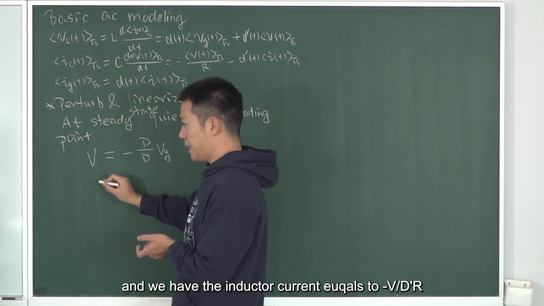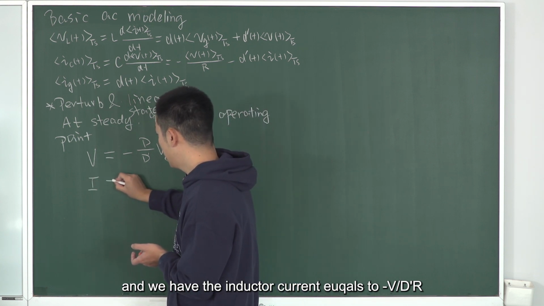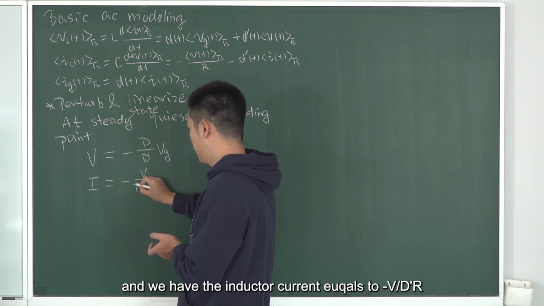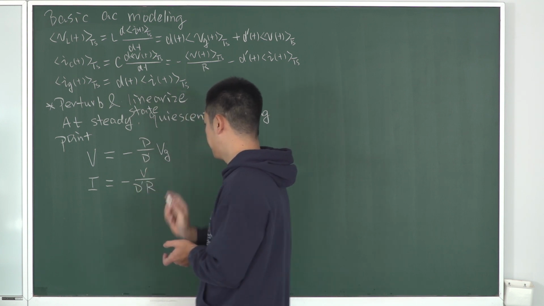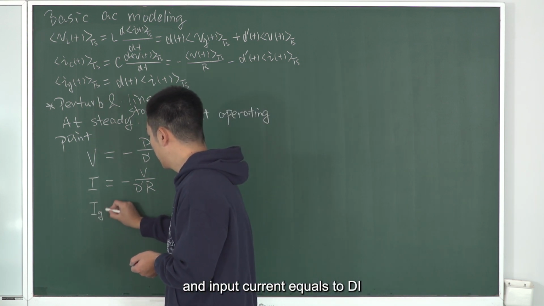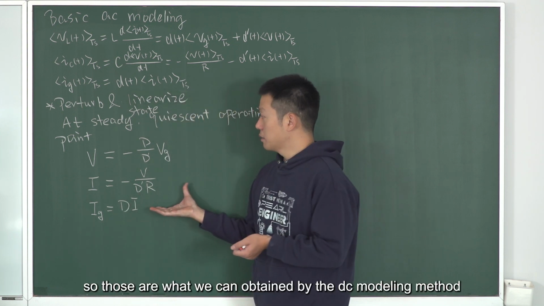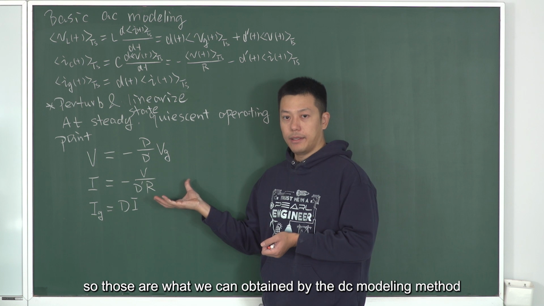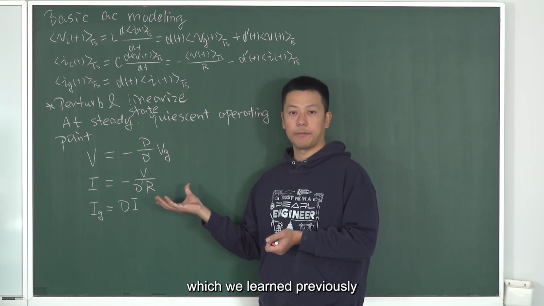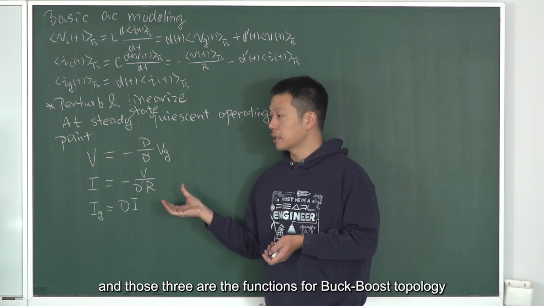And we have the inductor current equals minus V over D prime R. And the input current equals D times the inductor current. So those are what we can obtain by the DC modeling method which we learned previously. And those three are the functions for the buck-boost topology.